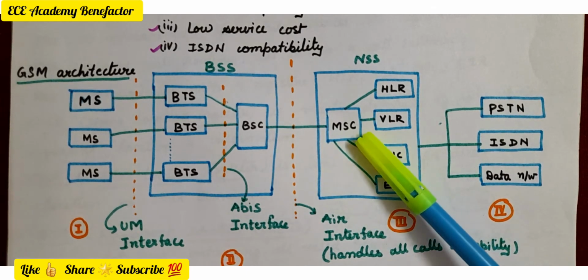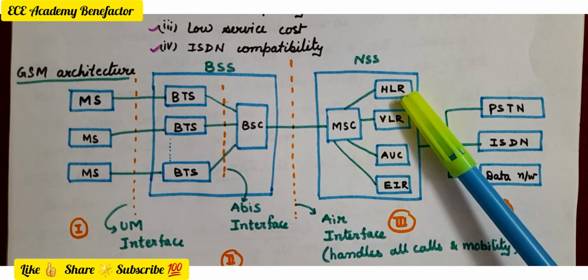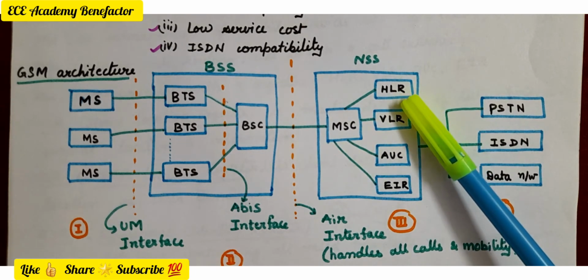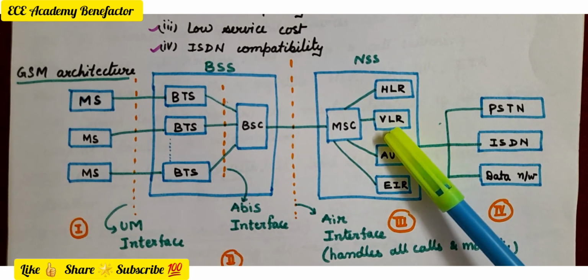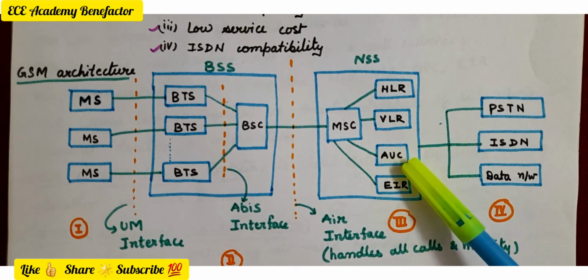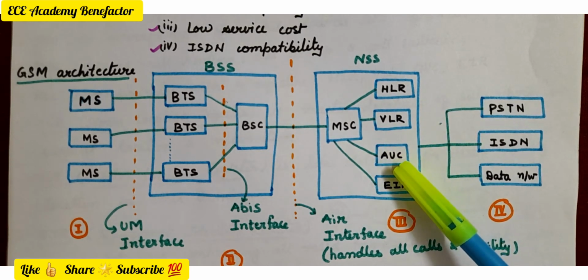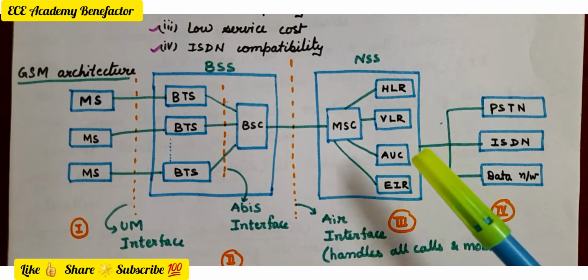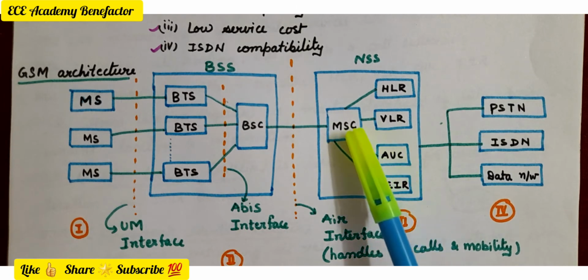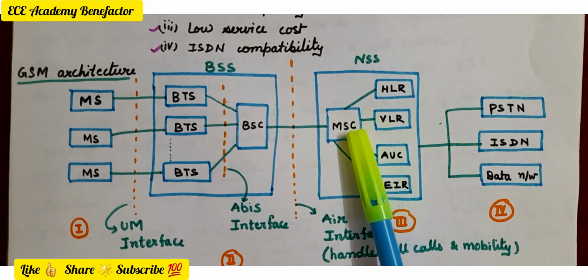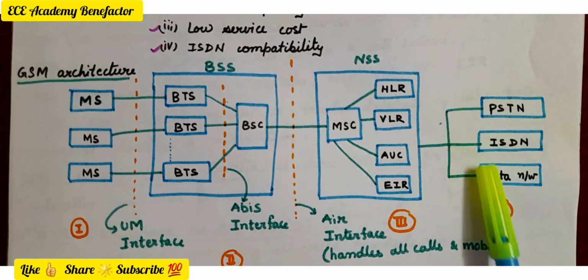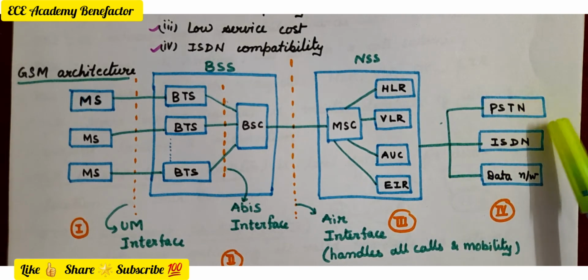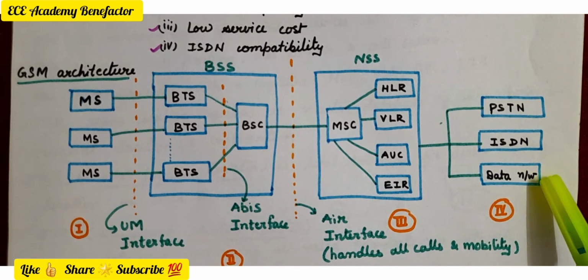The MSC is controlling 4 registers: HLR, home location register, VLR, visitor location register, AUC, authentication center, and EIR, equipment identity register. The next step from MSC is going to the public network, which can be PSTN, ISDN or data network.